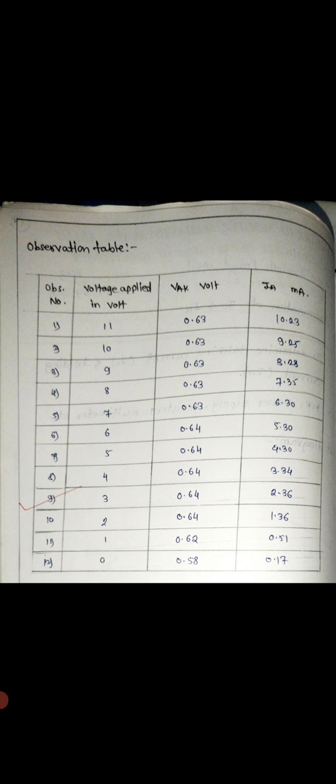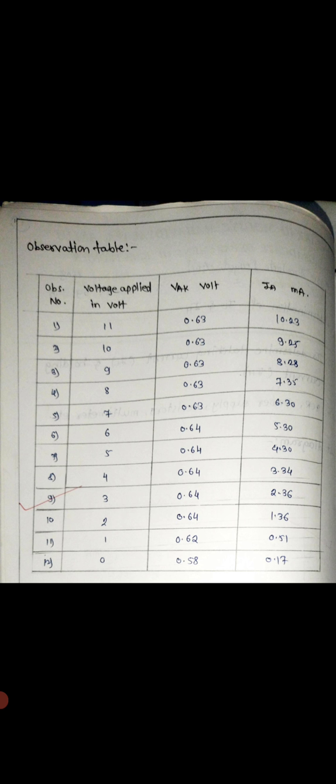Observation number 7 shows 5 volts applied, whereas VAK is increasing by 0.01, that means 0.64, and IA is decreasing to 4.30 milliampere.